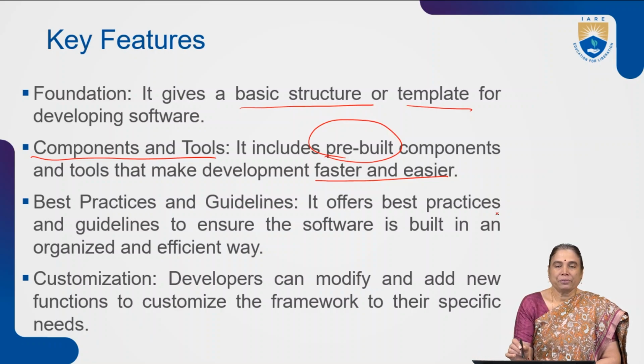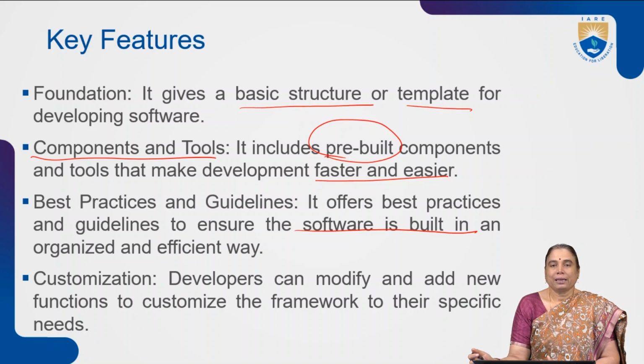It offers best practices and guidelines to ensure the software is built in an organized and efficient way. And fourth, customization. Developers can modify and add functions to customize the framework to their specific needs. So the major CASE tools that can assist software development can be planned ahead with the help of the process framework.